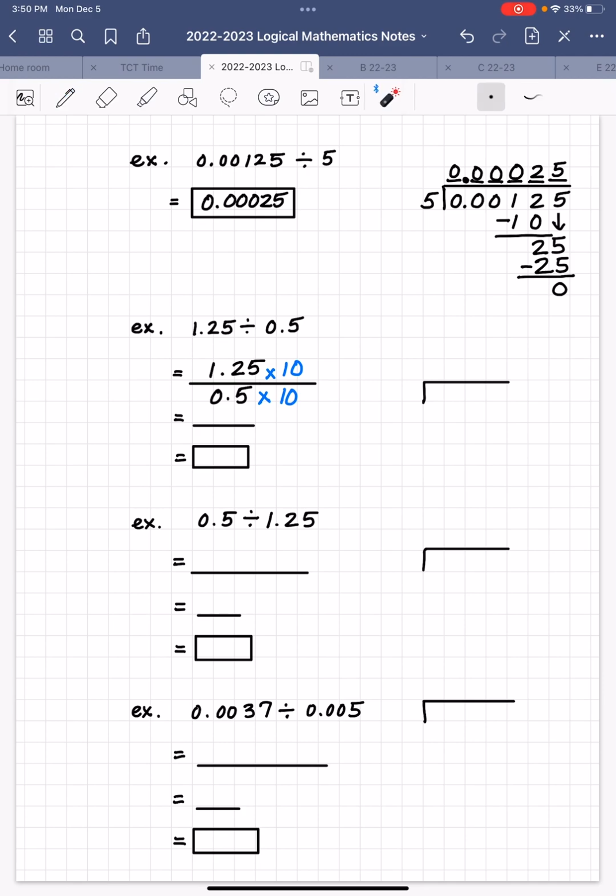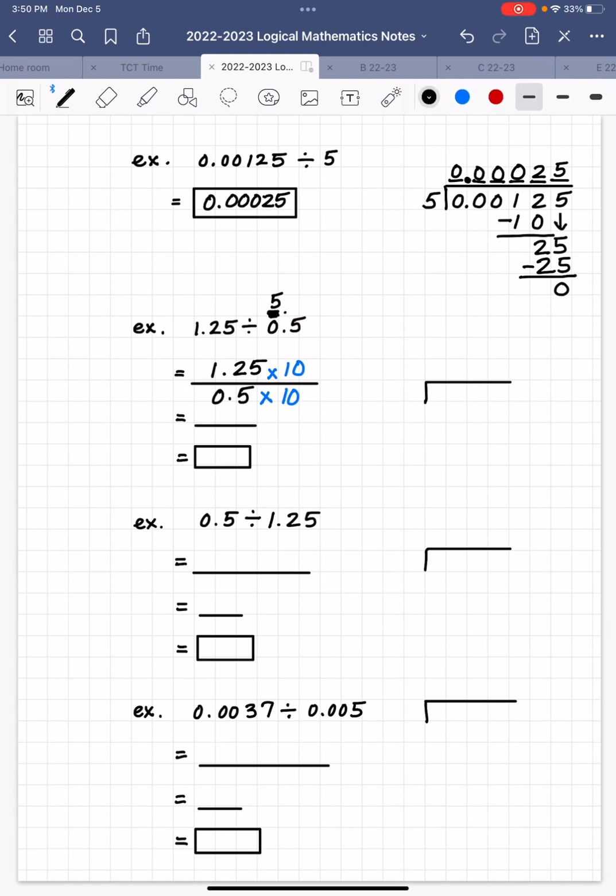Okay, now when I multiply 5 tenths by 10, each digit gets one place bigger. So right now that 5 is going to go one place bigger than it is up here. One place bigger to the left is making it 5 ones, okay? So that's going to be 5 in the denominator.